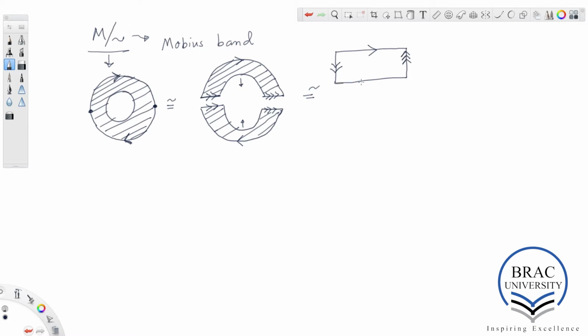And nothing is happening along the bottom edge. Similarly, we have a lower rectangle whose bottom edge is directed to the left. Okay, and the left edge is directed upward, and the right edge is directed downward.